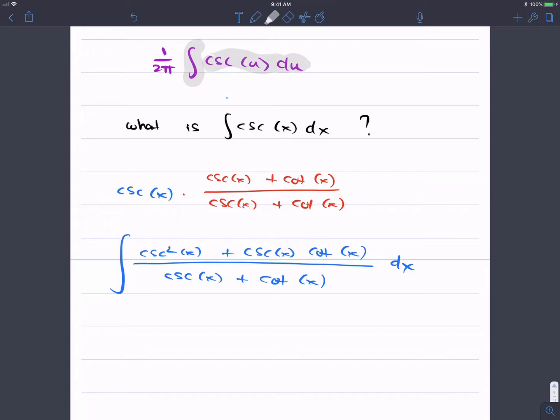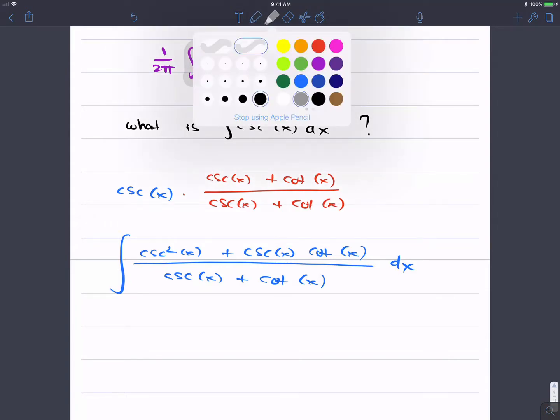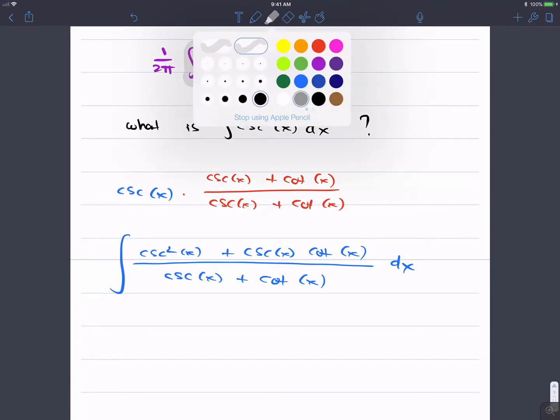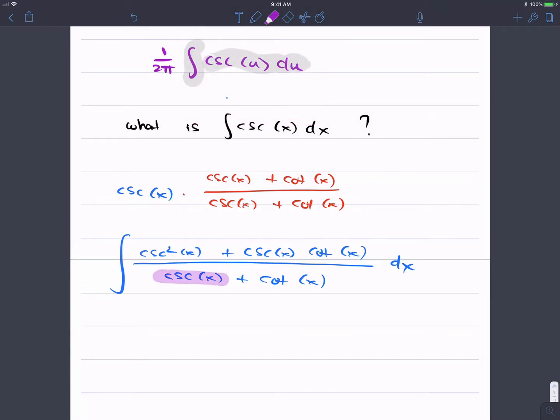Now notice the bottom here. We're going to use u sub. This is going to be my u. So let me go back here. Let's change this. I'm going to say this portion here is going to be my u. So by u sub, u is cosecant x plus cotangent x.